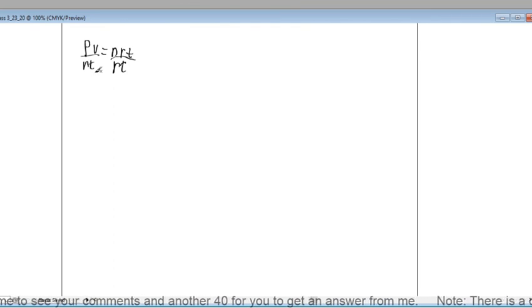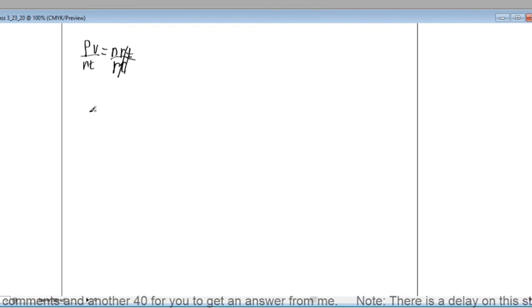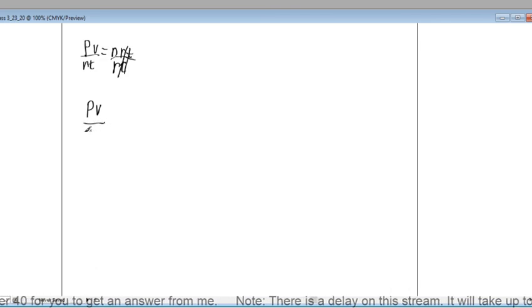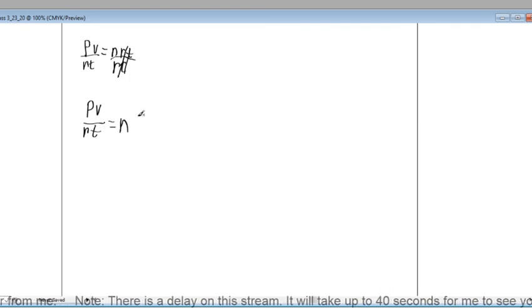Okay, so that's going to cancel R and T. Over here we have pressure times volume divided by R times T equals n. Okay, so what does this say now? Well, this says pressure times volume divided by the constant times temperature equals n.